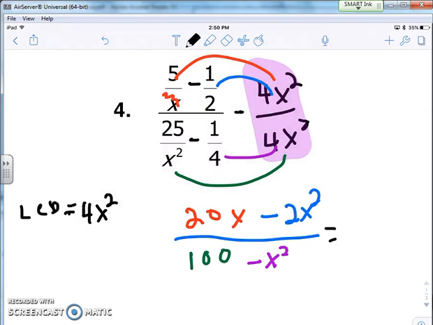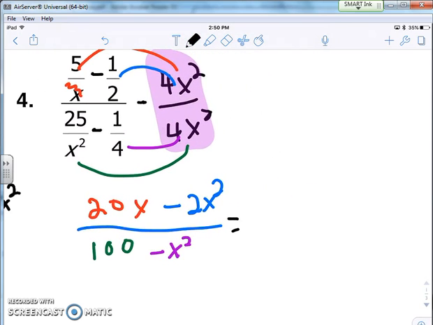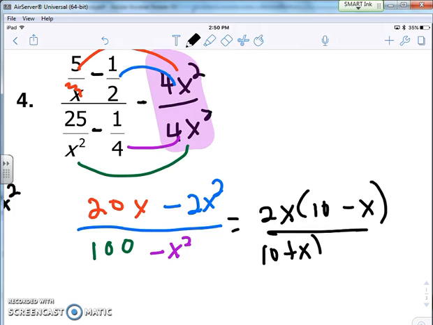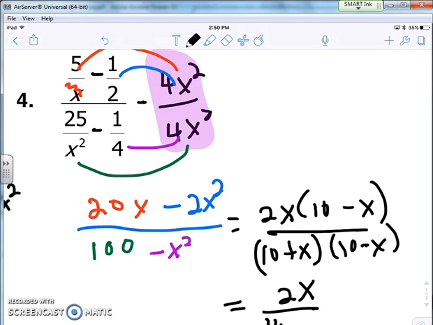So the top will factor. Take out a 2x. The bottom factors to 10 plus x, 10 minus x. And the 10 minus x reduces. So we get 2x over 10 plus x.